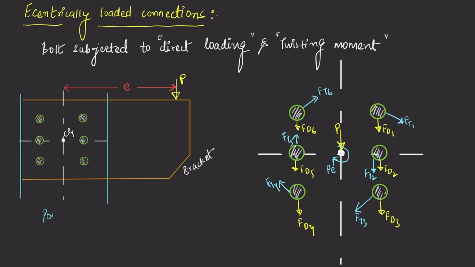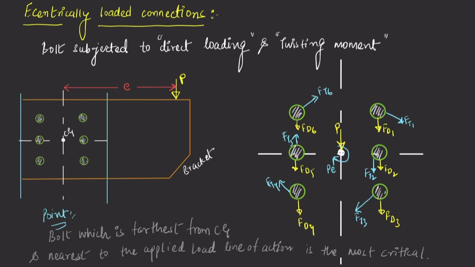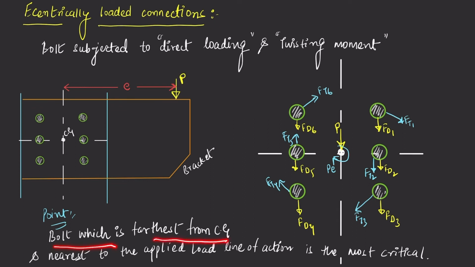Also, a very important point to note is that the bolt which is farthest from the CG of the bolt group and nearest to the applied load line of action is the most critical. What does it mean? We have the CG here. The distance between the CG and each bolt, and the maximum of it: the maximum distance from CG is for this bolt, this bolt, this bolt and this bolt.